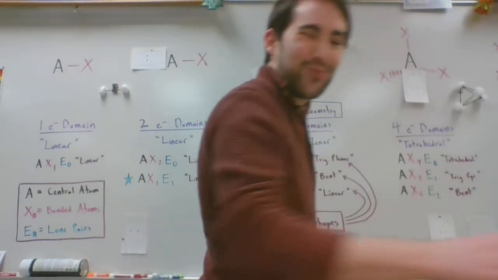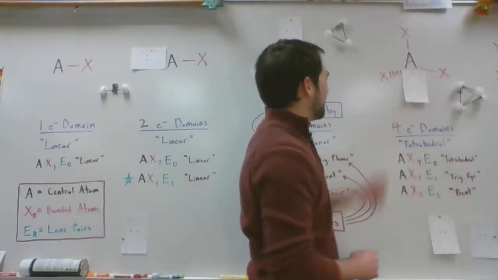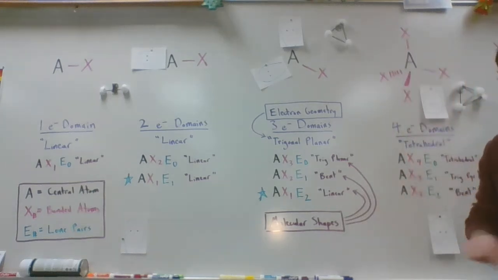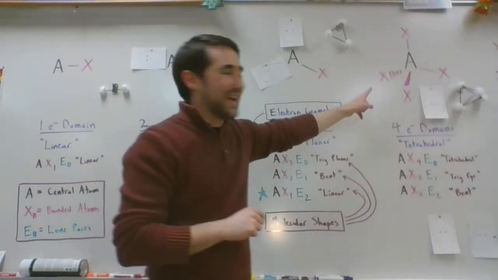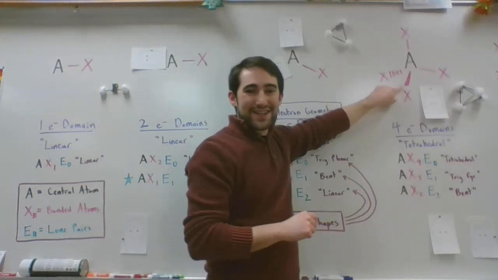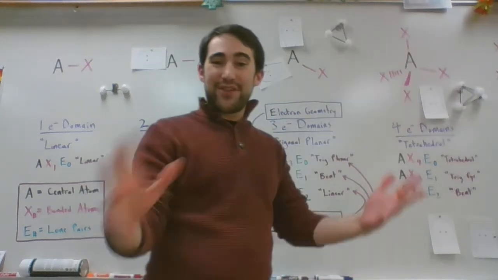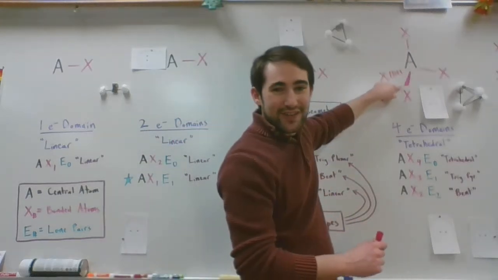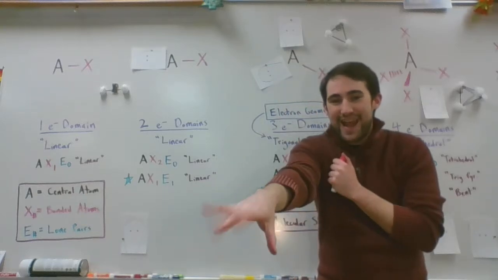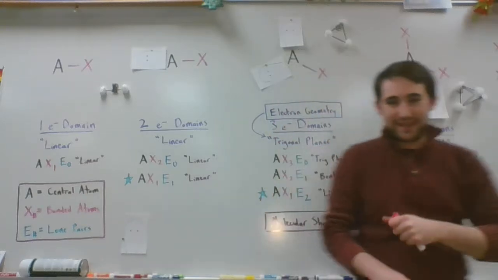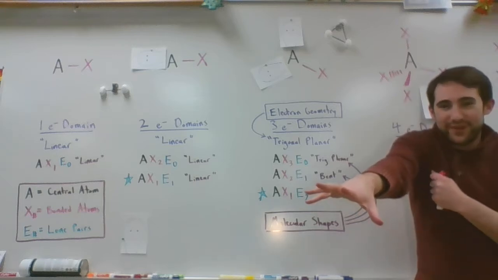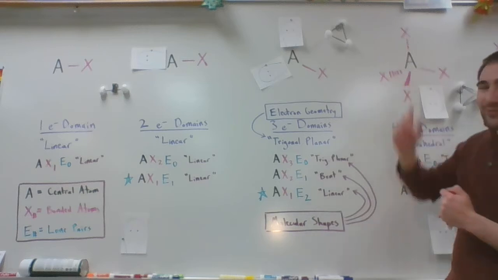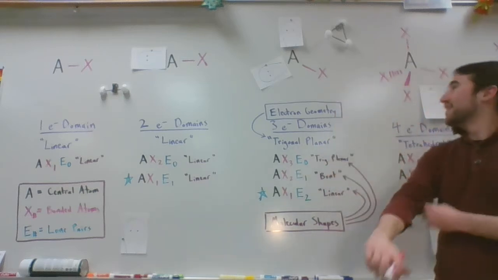The way that we try to help show that on paper is with bonds like these. When we show a dashed line like this, or a fat wedged line like this, we're trying to show depth to our drawing. A wedge like this means that the bond is coming out at you, whereas the dashed one is going out behind whatever you're drawing on.